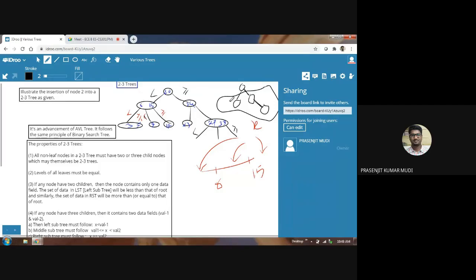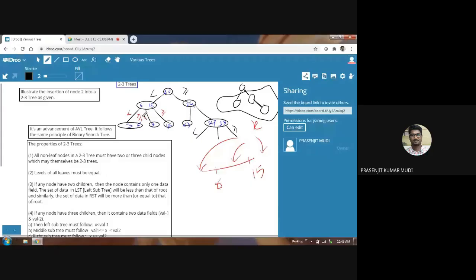With respect to this node, height is 2. So the height can be made short if you can accommodate one particular node. If you can shorten the height, then what will happen?